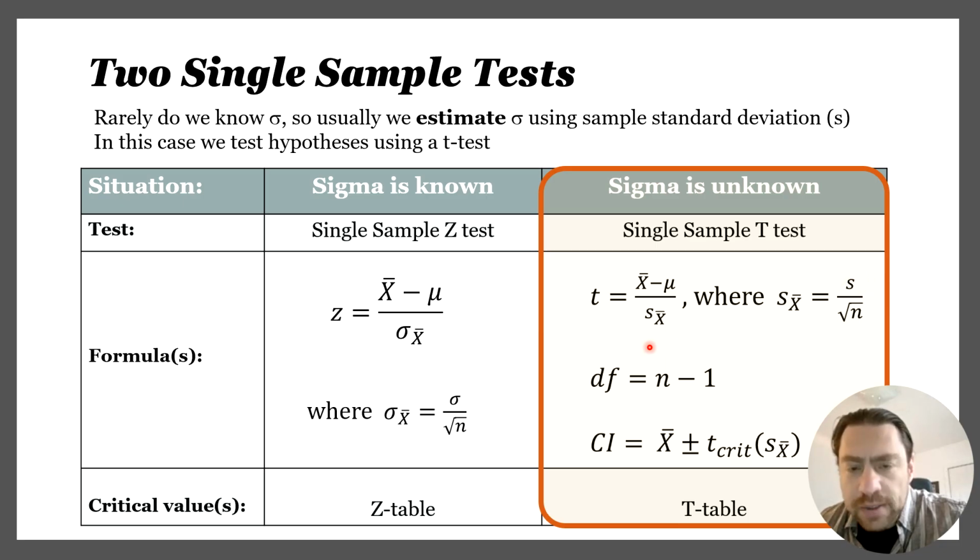If you look at the formula for the single sample t-test, it is almost identical to the single sample z-test, the only difference being that in the denominator we are using S, the sample standard deviation, instead of sigma, the population standard deviation. And when we use a t-test, now we have to get our critical values from a different table called the t-table. We'll talk more about this in a few slides.